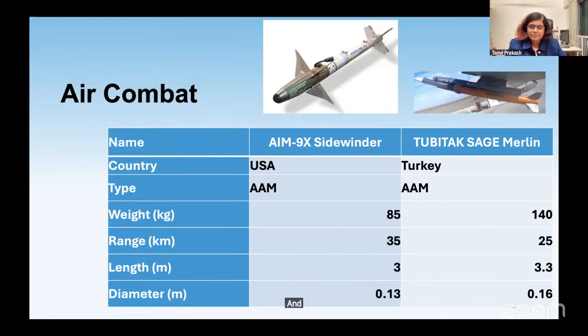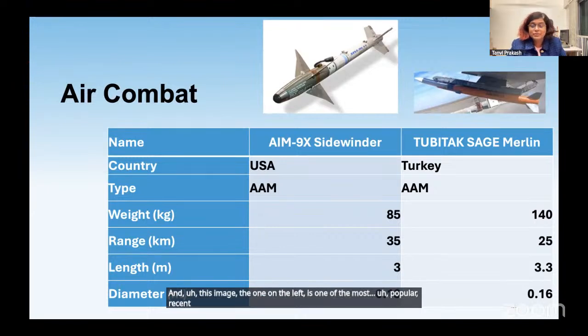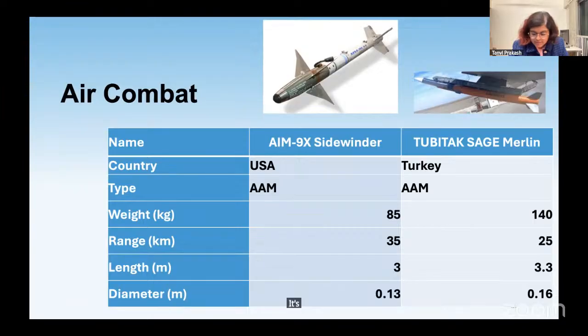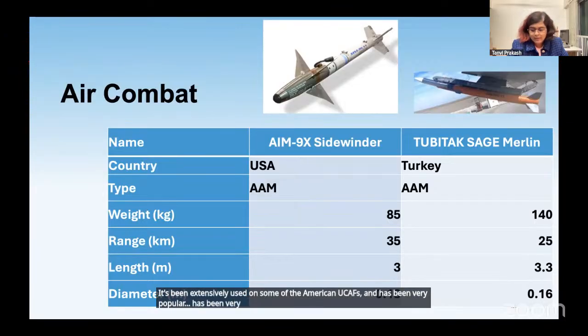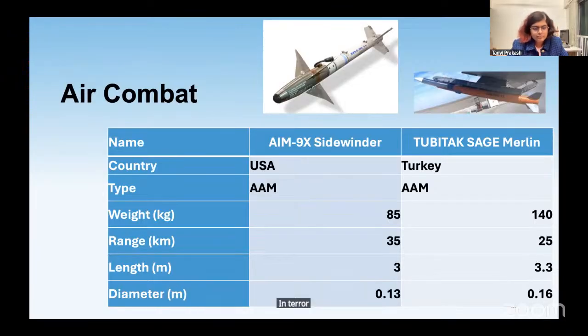And this image, the one on the left, is one of the most popular recent air-to-air weapons used for UCAV. It's been extensively used on some of the American UCAVs, and has been very successful in terrorist strikes conducted by Americans. And it's named after a snake. The Sidewinder actually is a snake.